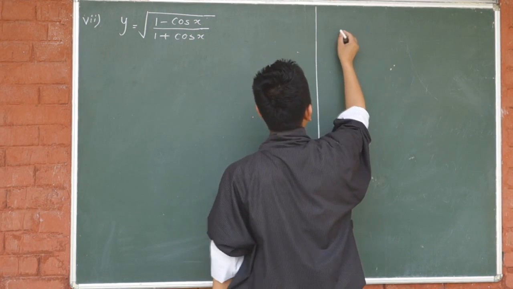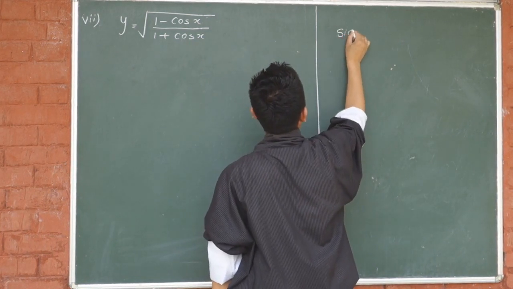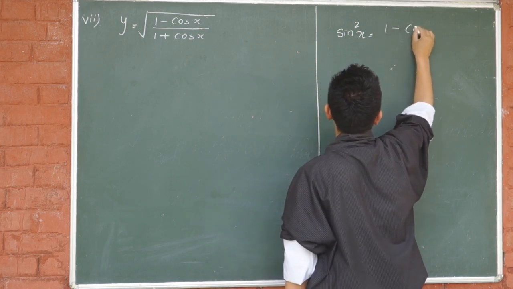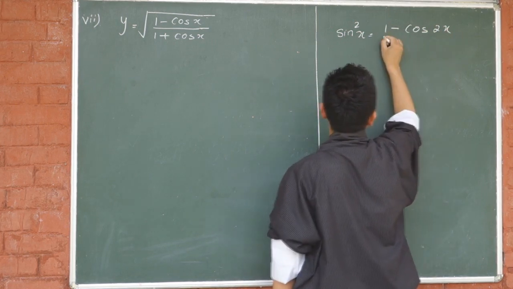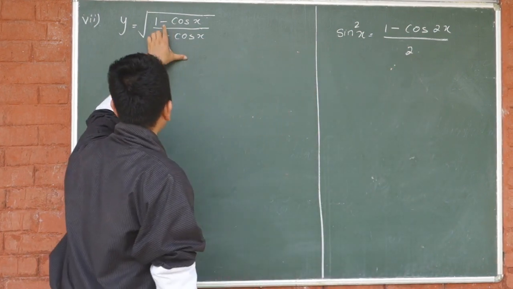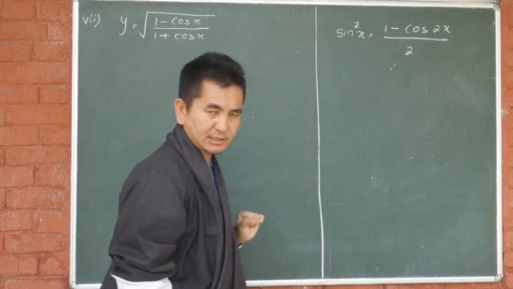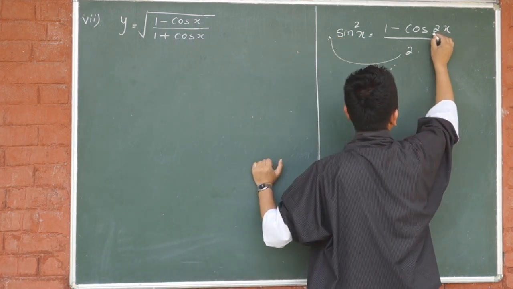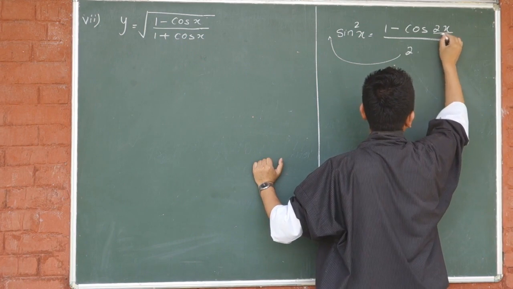As per the double angle formula, we have sin square x is equivalent to (1 minus cos 2x) divided by 2. Now here we have only 1 minus cos x. So what I can do is bring this 2 here, then make it this x. In order to make this x, divide here by 2.